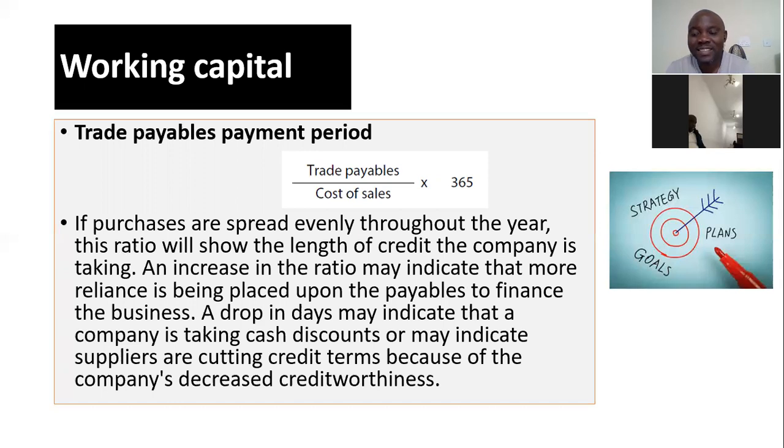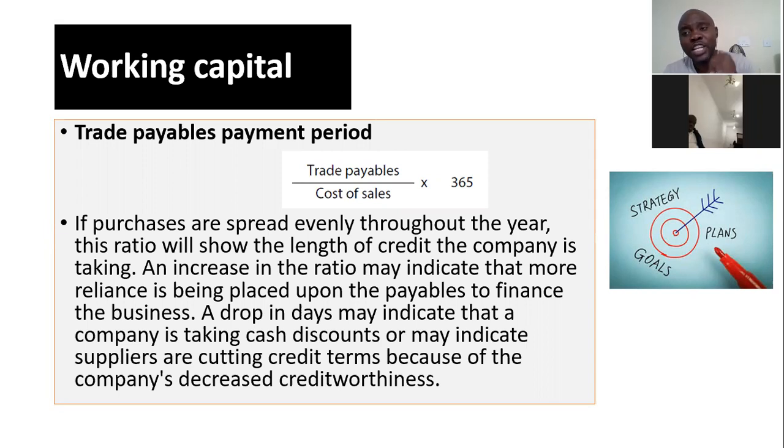But the question is, if you see that there's longer trade payables days, is it based on strategy that you have decided not to pay the suppliers with a view of actually using those finances to fund your operations? And if it's by strategy, have you had a word with your suppliers that this is what you're going to do?